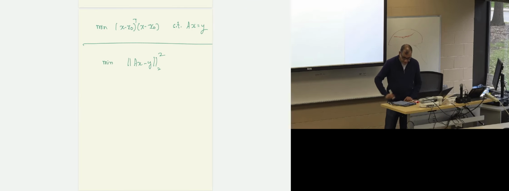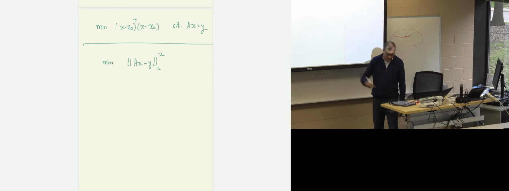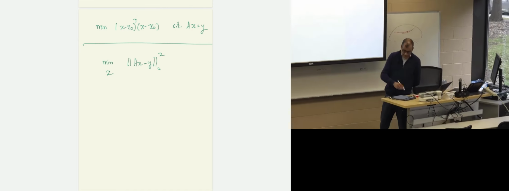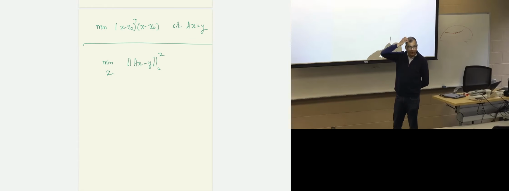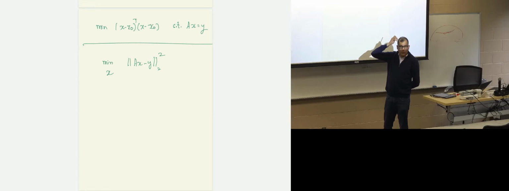We said I want to find an x that minimizes the square of the 2 norm of Ax minus y. Then you can ask, why the 2 norm? Why not some other norm? What is the answer to that question typically?